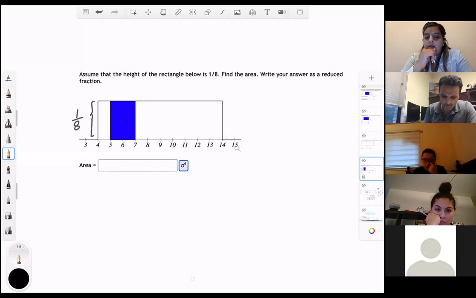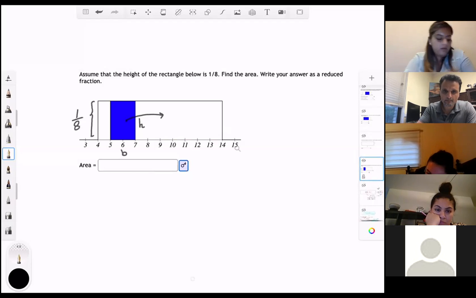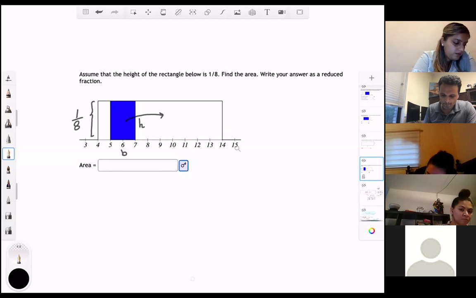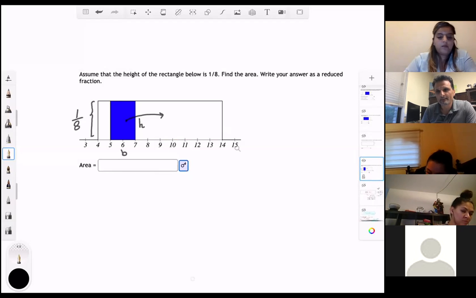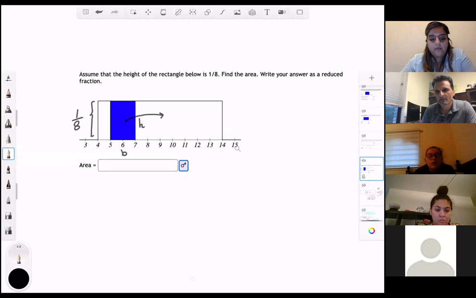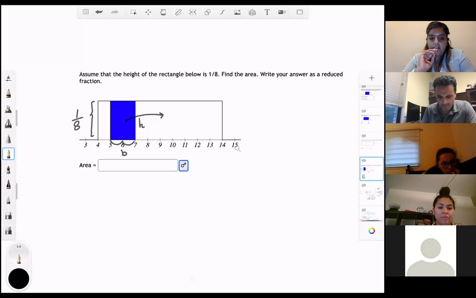So we are looking for this area, the blue one. We have to have base times height. Good. Base, what is the length of the base? Rocio, what is base? It's the shaded area. What is that?